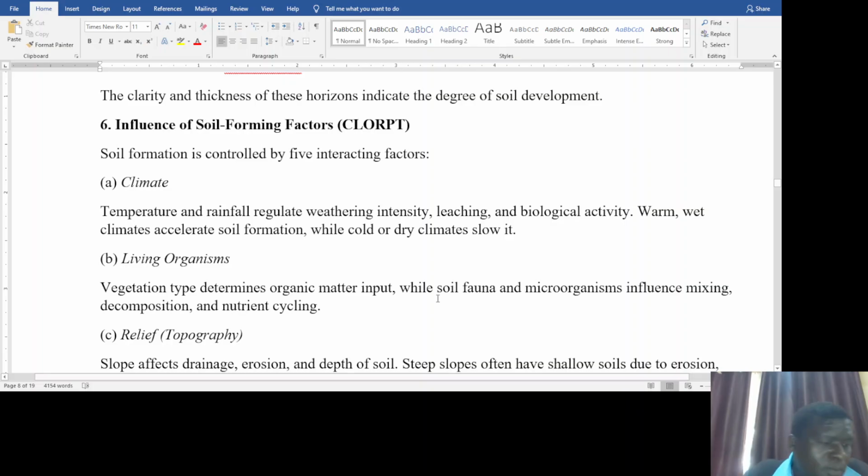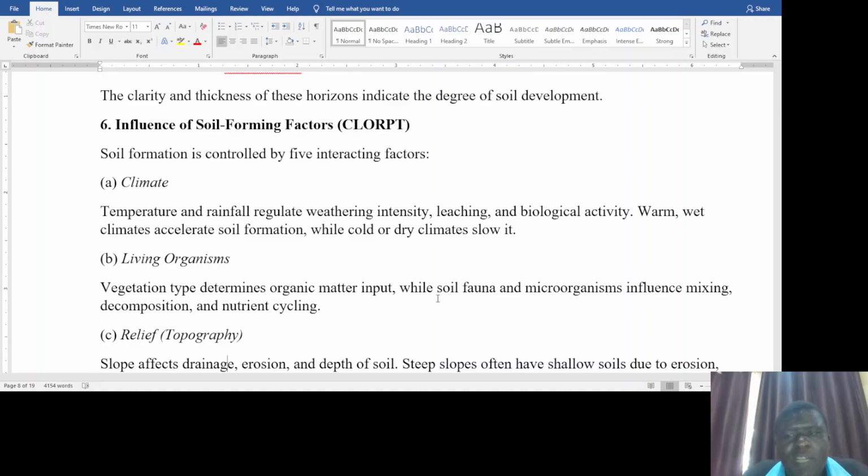From our former levels of education, we've defined climate as the average weather conditions of a given place over time, and the most important elements of climate or weather in this aspect are the temperature and rainfall. Temperature and rainfall regulate the weathering intensity, they influence leaching, and also enhance biological activity.